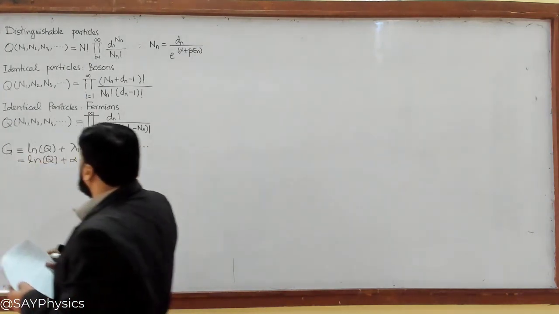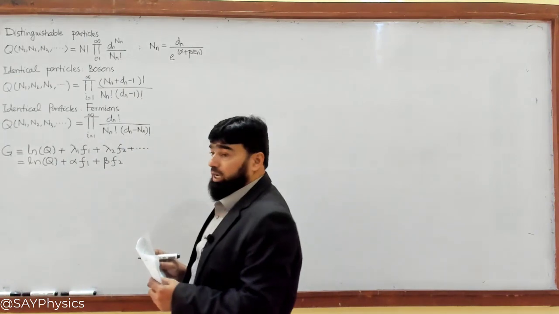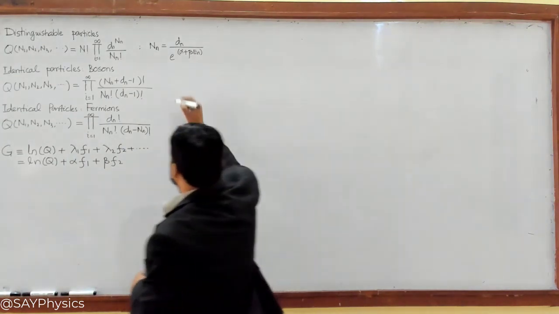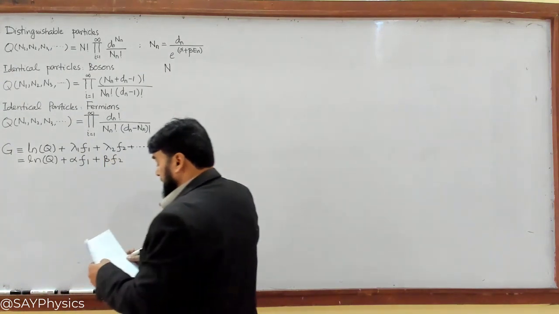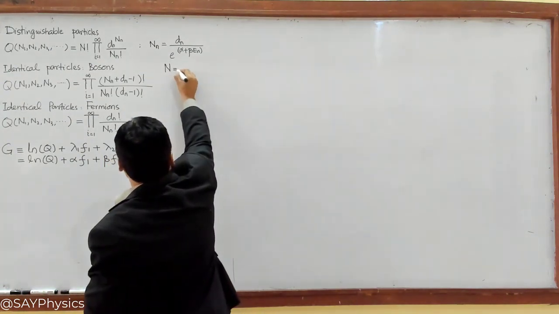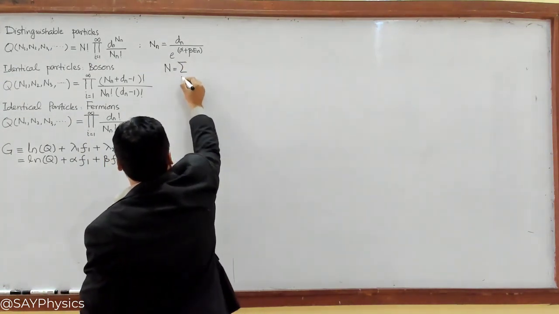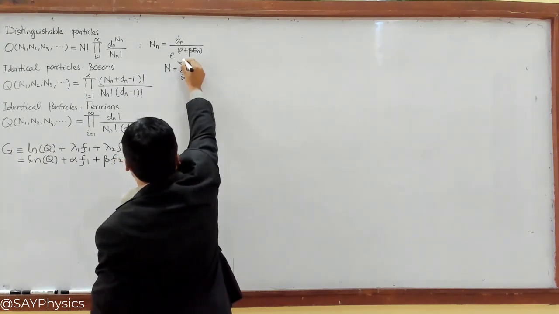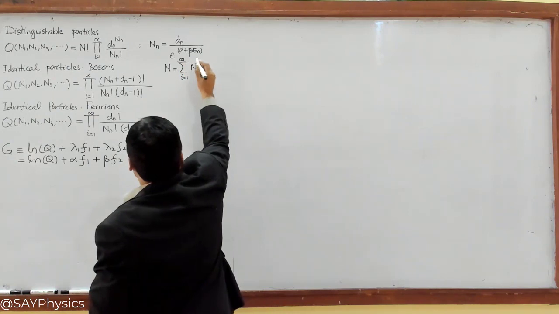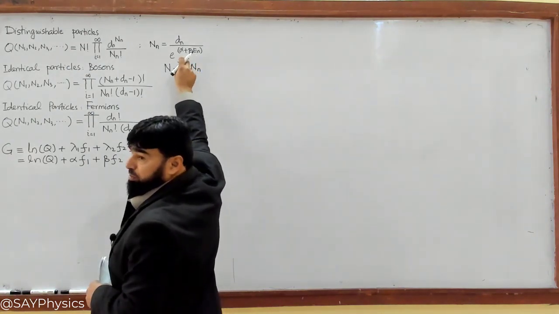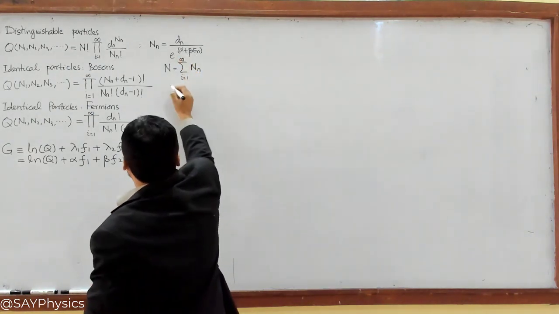So according to this, the constraints we already know, what are the constraints? The number of particles n, they should not exceed, meaning summation on i from 1 up to infinity, and they are n, for any number n it is running.